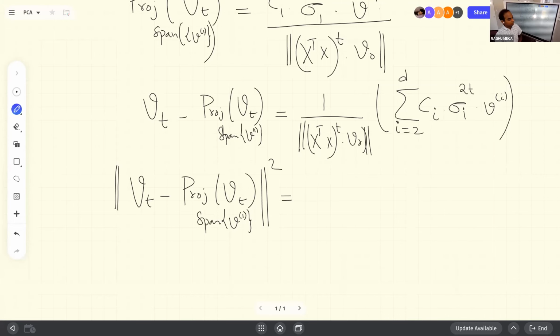Because the v_i's are orthogonal to each other, orthonormal even. So what's the length of this vector in terms of the coefficients? Well, first the scalar stays as it is, let me just copy that. But what's the length of this part? Any guesses? So we have a vector and its representation in some orthonormal basis, the v_i's. So what's the length of the sum?